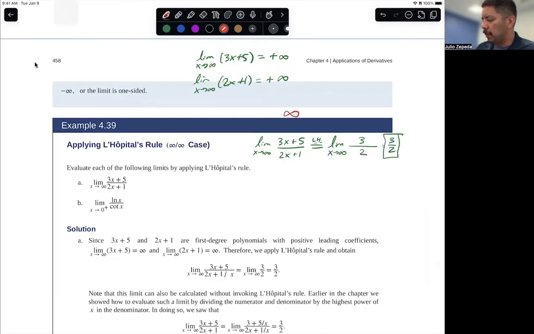Something growing infinitely large divided by something else growing infinitely large, the ratio ends up working out to be a constant of 3/2. You can see why, because they're both degree 1 polynomials, and one of them grows like 3 times x, the other is 2 times x, and the ratio is 3 over 2.